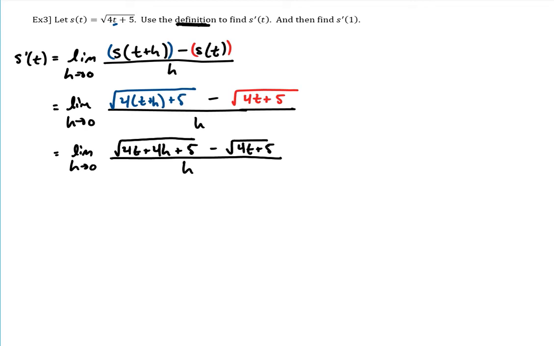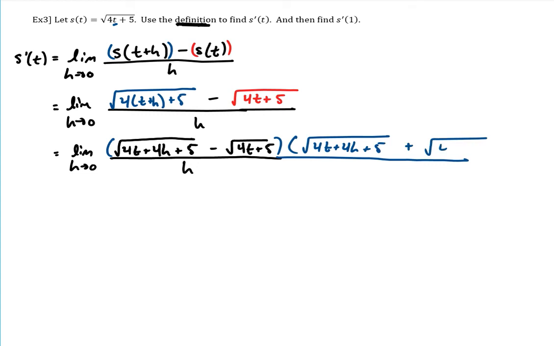And then now we want to continue simplifying, and we just use one of the strategies that we've used before with limits. Remember, if there are square roots involved, we will want to multiply both the top and bottom of this expression by the conjugate. And so the conjugate is just rewriting these two terms the same way you see them. So 4t plus 4h plus 5, but just changing the middle sign.